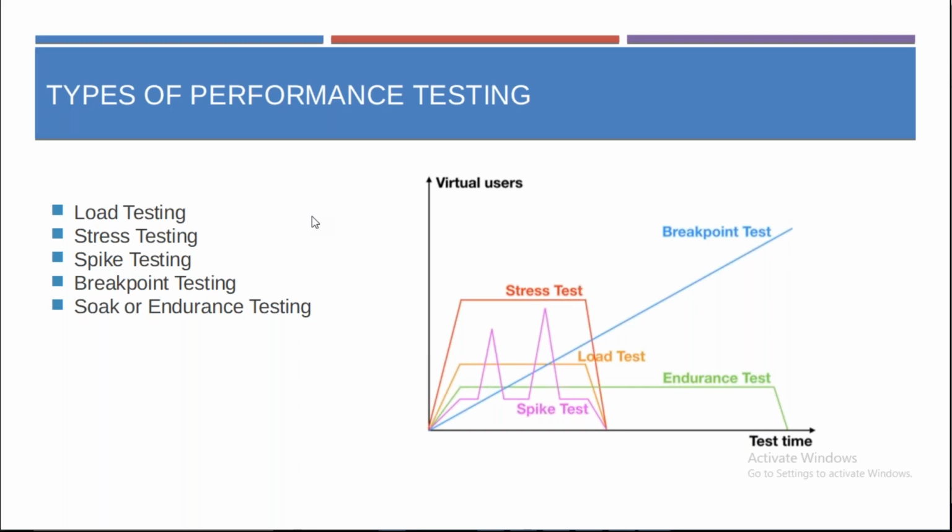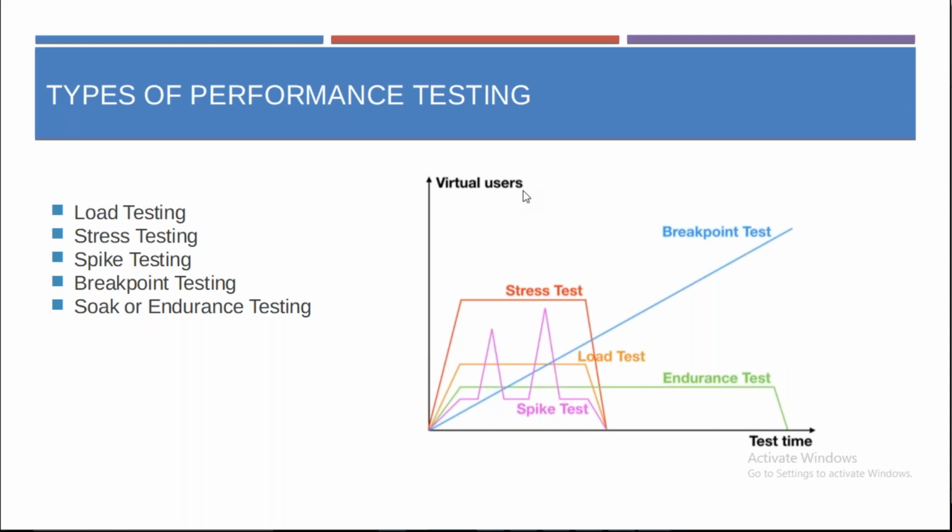You see this figure which I have given here, virtual users. Why virtual? Because I am not using real users for my performance testing. Remember always, what we do in performance testing is simulating.